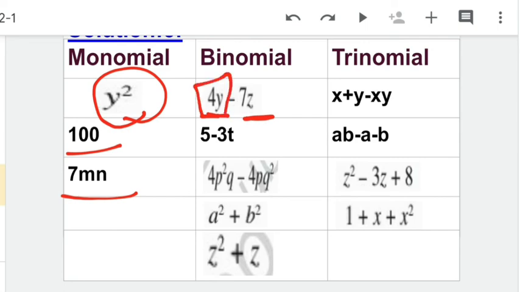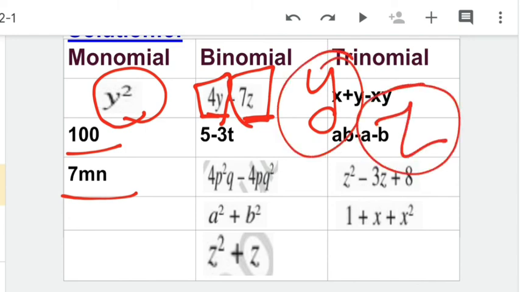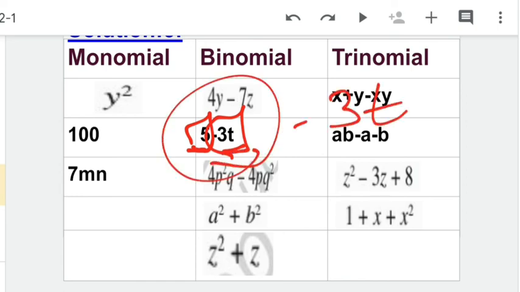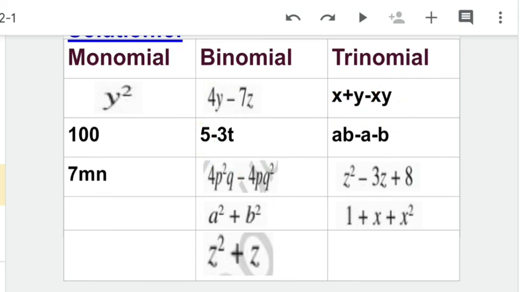You can see 4y has y as variable and minus 7z has z. So these two are not like, so these two terms are unlike terms. In the second, you can see here, the first is a constant and the second one is minus 3t. These two are unlike terms, so it is also an example of binomial.